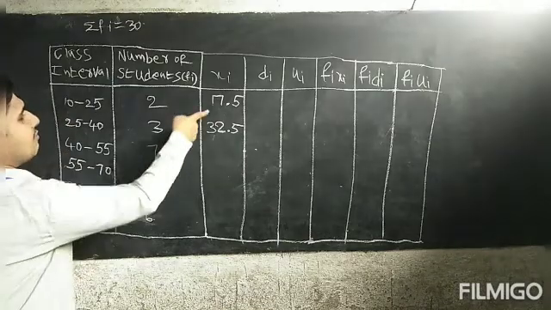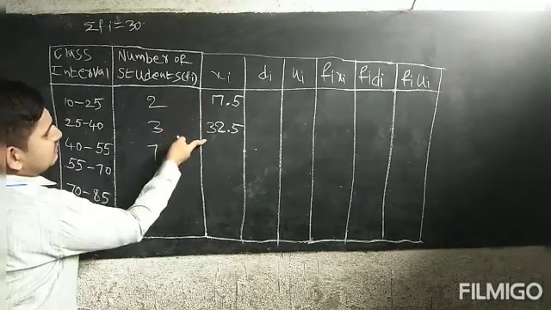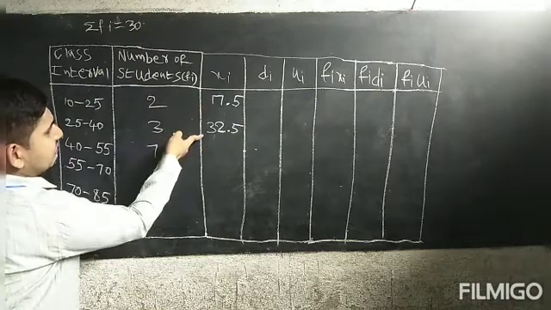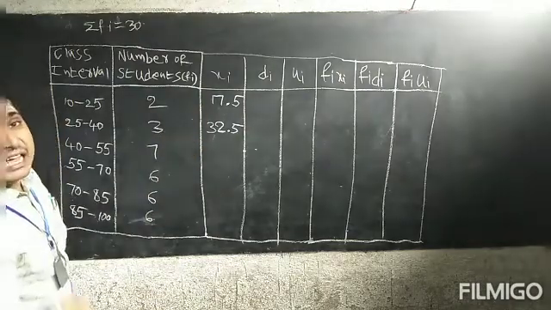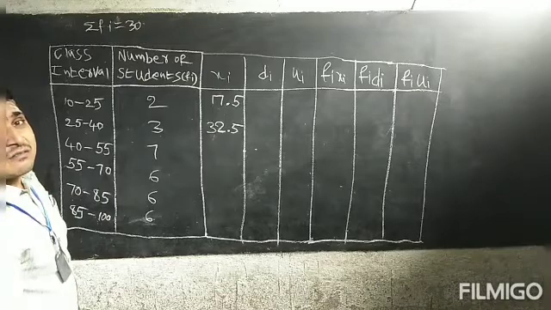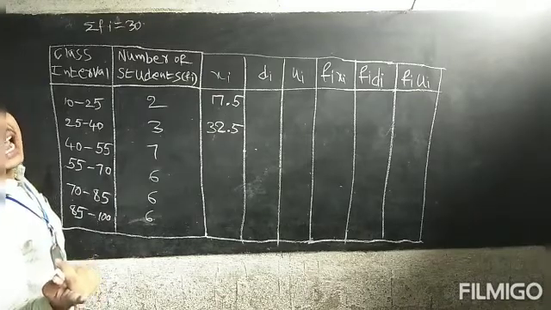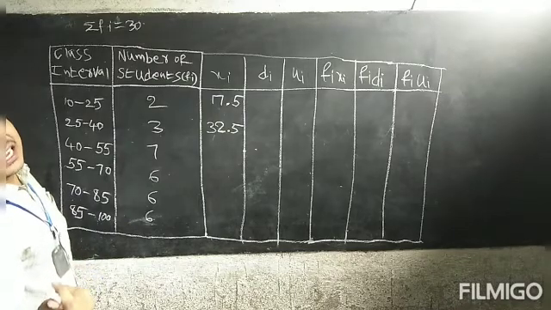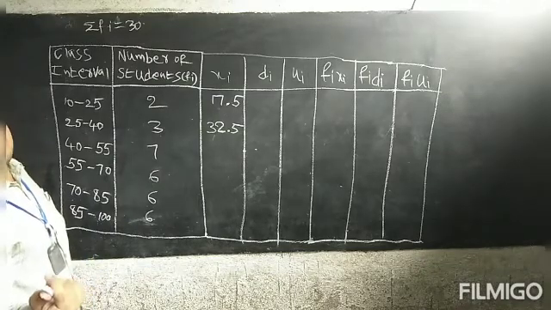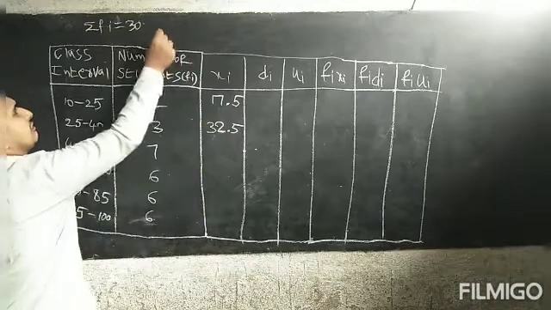The difference between two class marks is 15, because h, the height of the class interval, is 15. So h equal to 15.